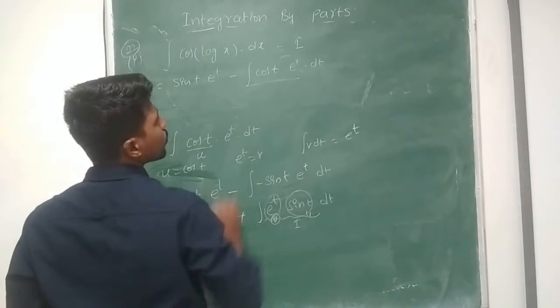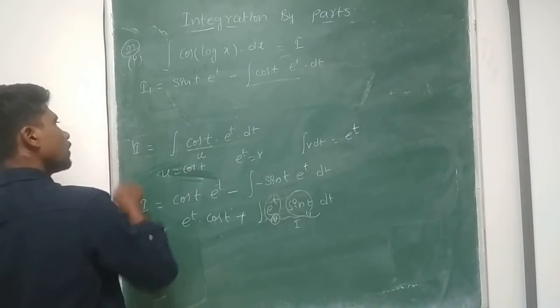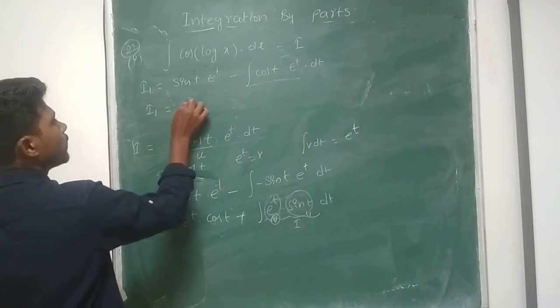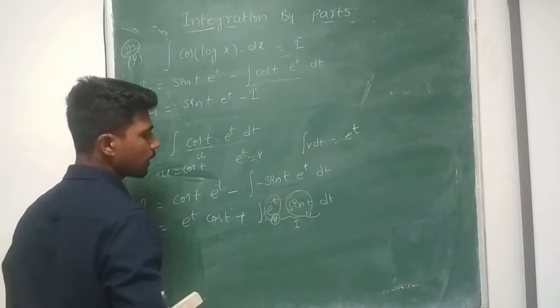So integral cos t into e power t can be replaced as I. So I1 is equal to sin t into e power t minus I.